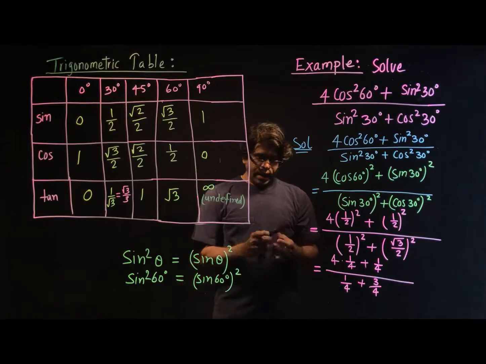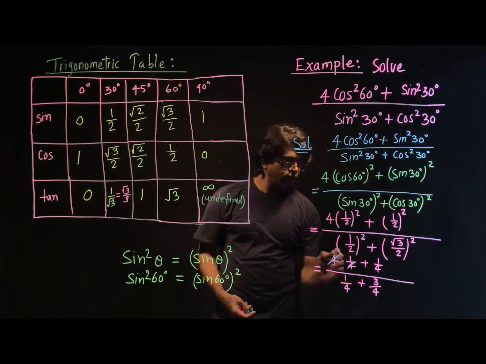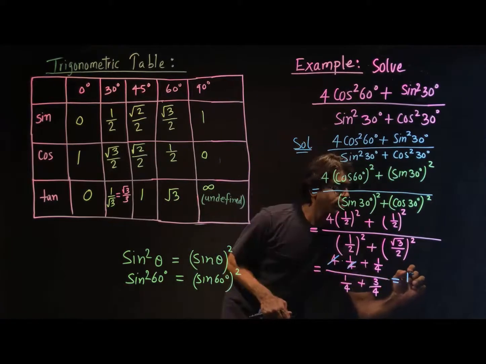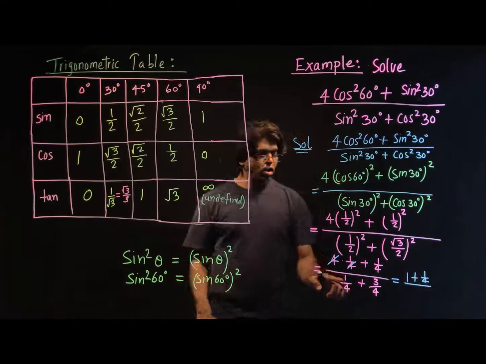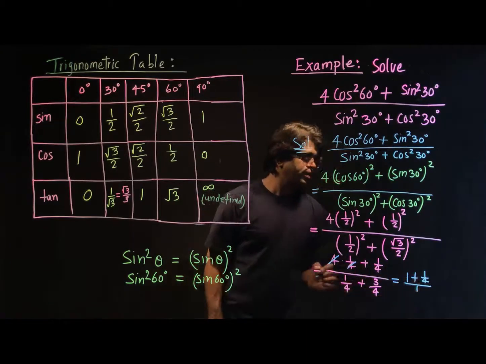As you can see, we can cancel this 4, and what is left is 1, plus 1 over 4 over 1 over 4 plus 3 over 4, which is 1.